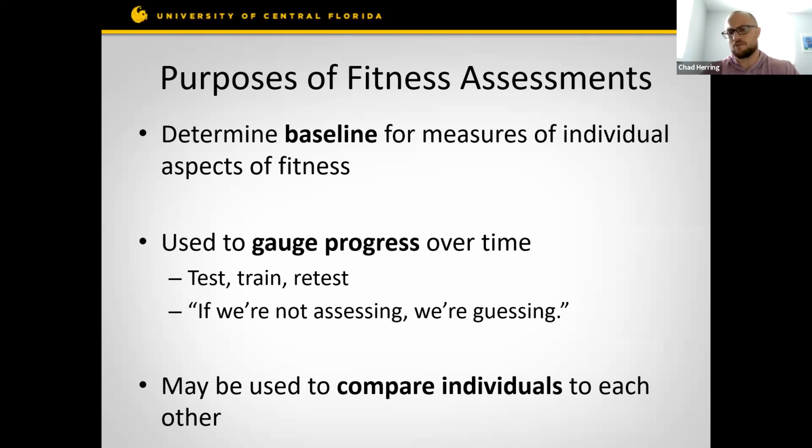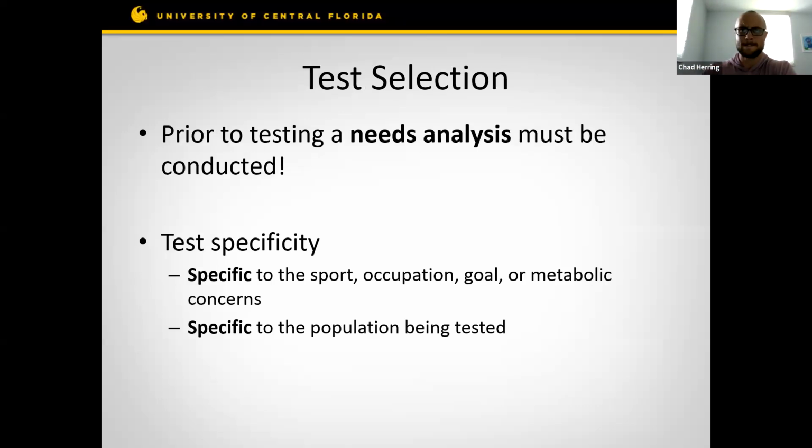So I guess I could have written that as compare individuals to each other, but also to themselves. But it is good to have a baseline and a chart of different people and what's considered healthy, what's considered good for this particular sport, sex, age, etc. So we can compare individuals.